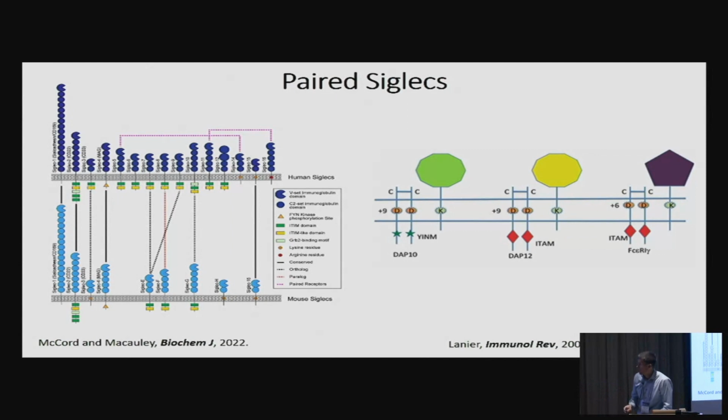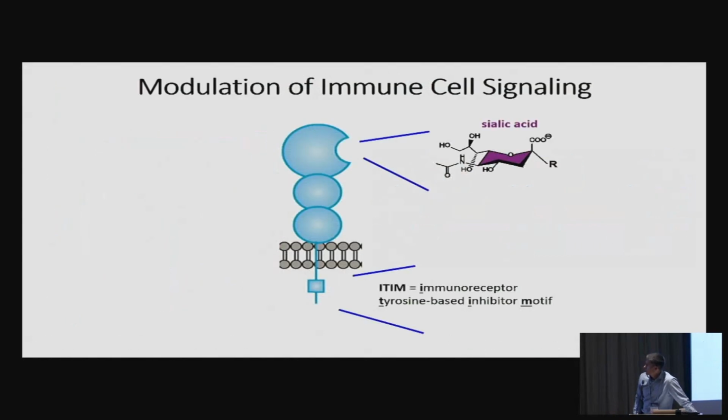Most siglecs are inhibitory. So very, very different. We call these activating siglecs, whereas the rest of them are inhibiting. So that's a very profound difference.